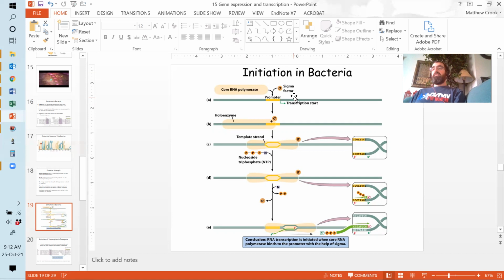So in bacteria, all we really need is a protein called the sigma factor. The sigma factor is a transcription factor. Let's type this out. Basically its role is to guide the RNA polymerase to the promoter.